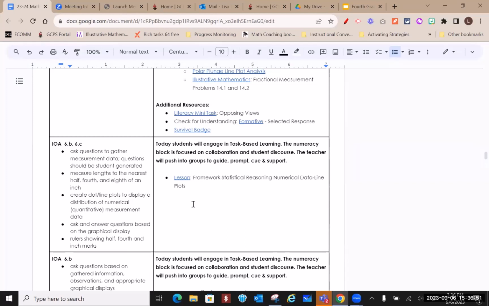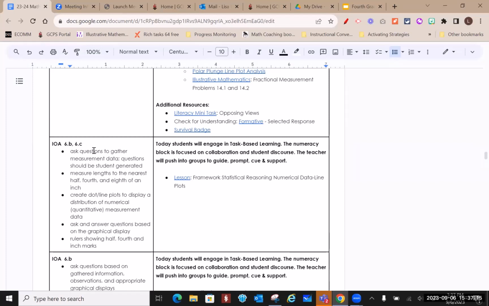This is a task-based lesson. Notice that we have labeled it differently to indicate it is a task-based learning day, not a teacher-directed lesson. So for this particular day, this is the one where it's clustered 6B and 6C together.